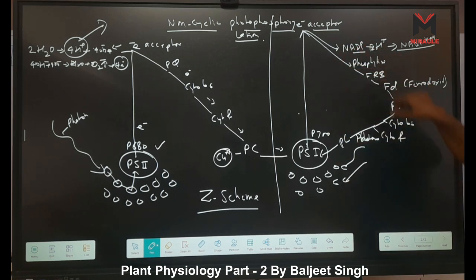It returns back. This is the electron transport system.